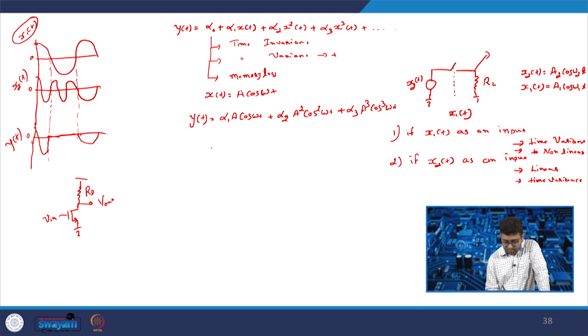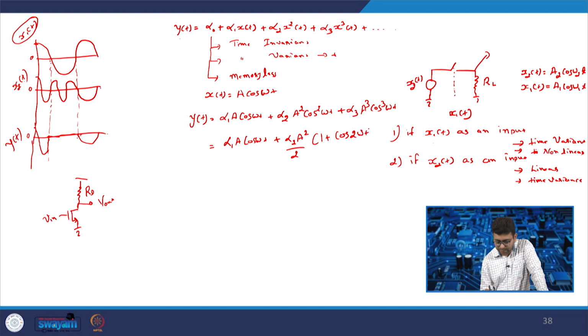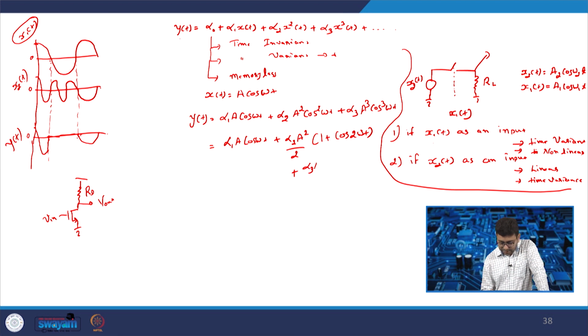I can again write it down: alpha 1 a cos omega t plus alpha 2 a square by 2 (1 plus cos 2 omega t) plus, we will differentiate this so that we will not confuse, plus alpha 3 a cube by 3 cos omega t plus cos 3 omega t.